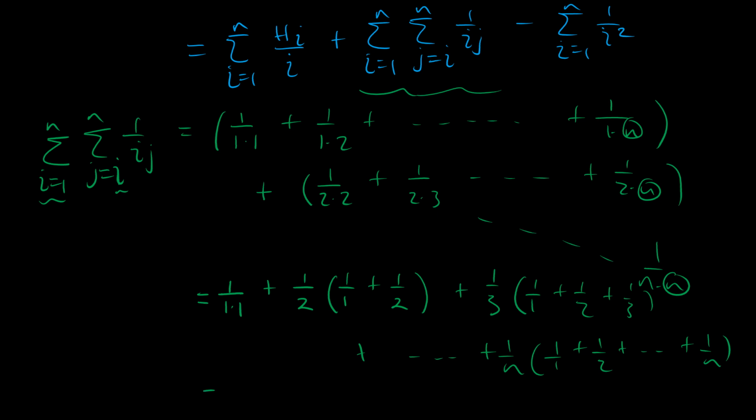What this is telling us is that this is the same as summing from i equals 1 to n, where j begins from 1 up to i, because at 2 it stops at 2, at 3 it stops at 3, of 1 over ij.